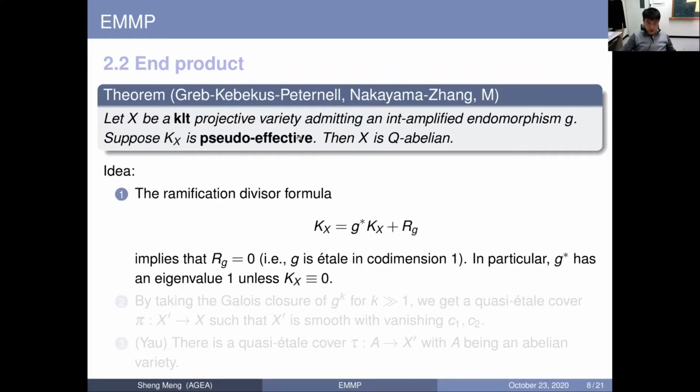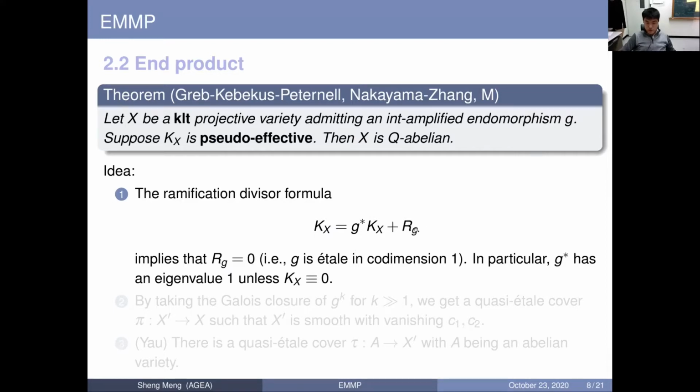The main idea is to make use of the ramification divisor formula. So here is the ramification divisor formula, and R_g is the ramification divisor, which is effective. If K_X is pseudo-effective, then together with the pseudo-effectivity of K_X and the effectivity of R_g, R_g can only be trivial, so R_g equals 0.